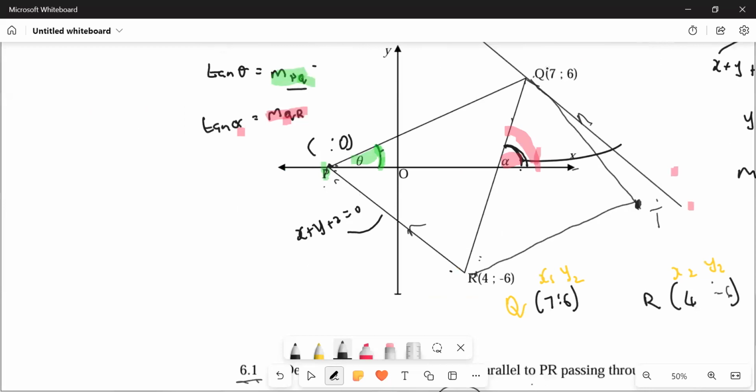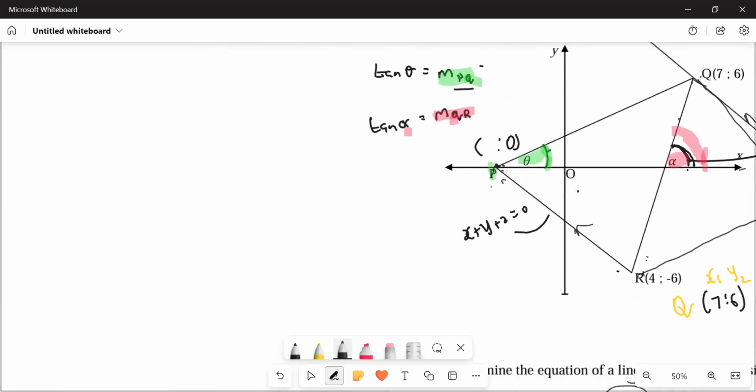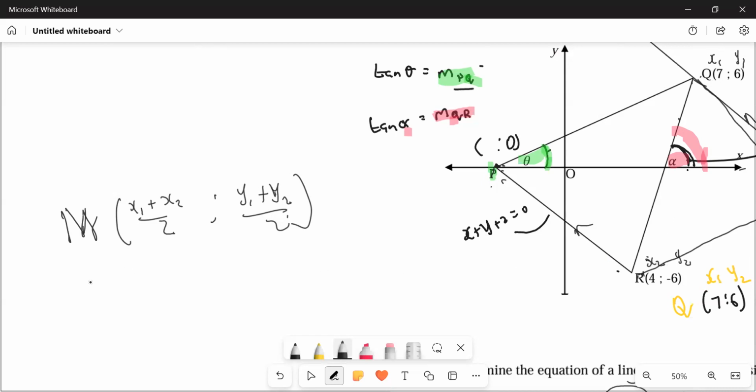Let's calculate the midpoint of QR. What is going to be the midpoint of QR? We're going to call it coordinates of M, and then we're going to get it by saying x1 plus x2 divided by 2, y1 plus y2 divided by 2, like this. And then my coordinates that we're going to be using, x1, x2, y1, y2.